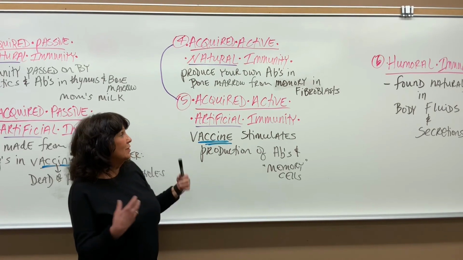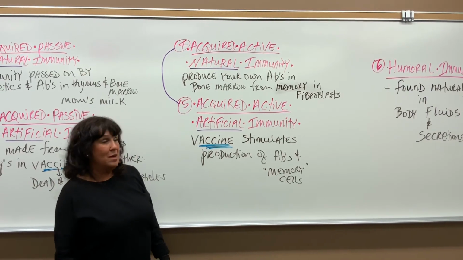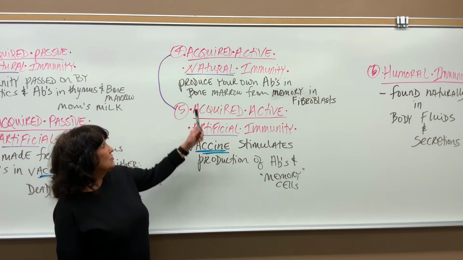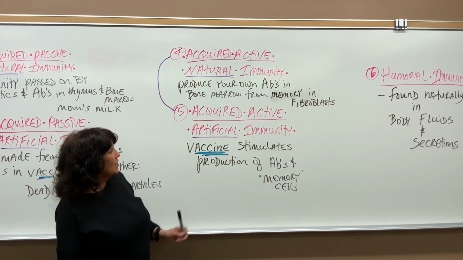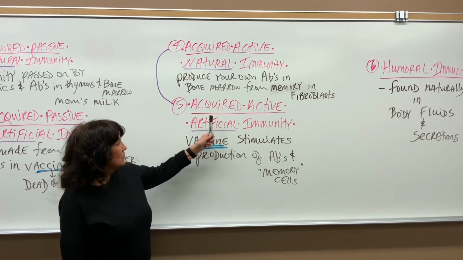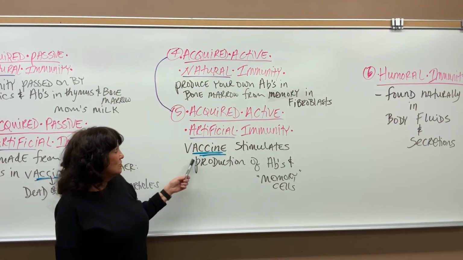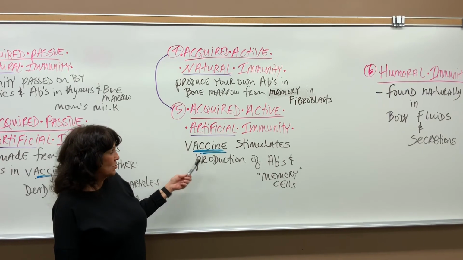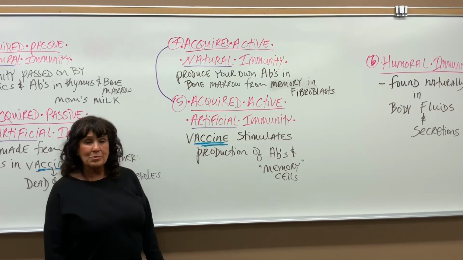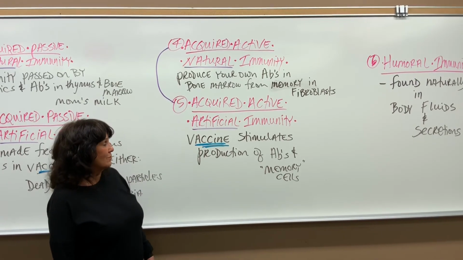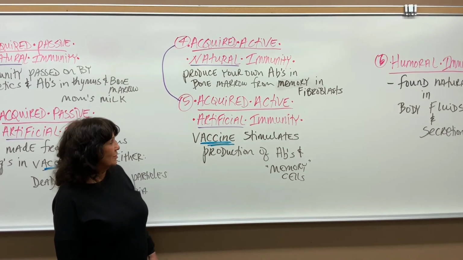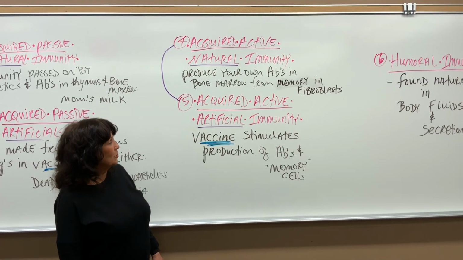You're going to automatically make them because they remember the antibodies that were made there. So that's a natural response. And then we have artificial immunity here that's acquired active. A vaccine stimulates the production of antibodies through the memory cells, which are the fibroblasts, in your bone marrow. So that's another way you can get immunity.